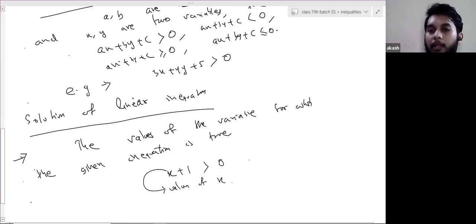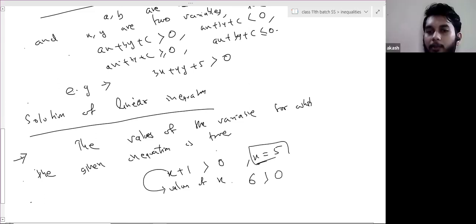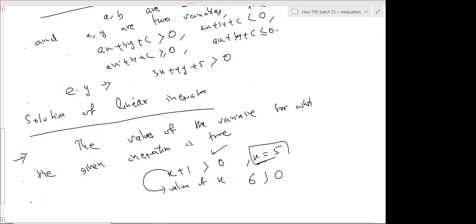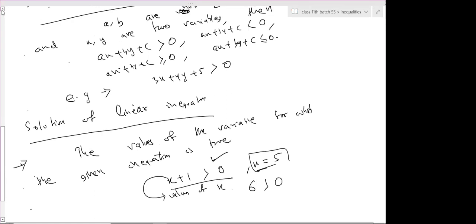If I put x equals to 5, then 5 plus 1 is 6. It's 6 greater than 0, Fahad? Yes. So x equals to 5 will be a solution of this inequation. So any value of x which makes this statement true will be the solution of this inequation. This is clear? Yes. Please note down both of these things.